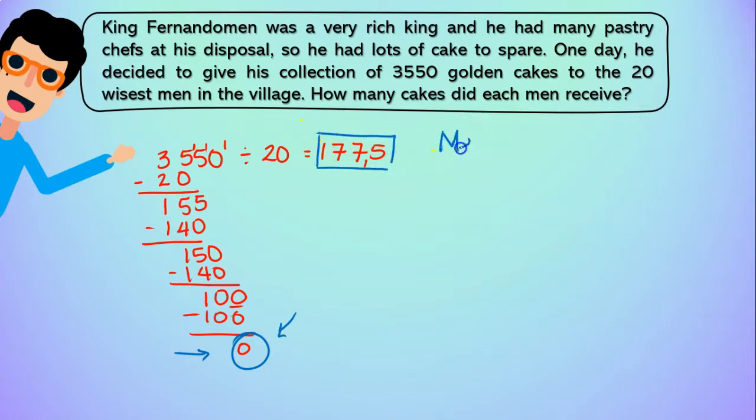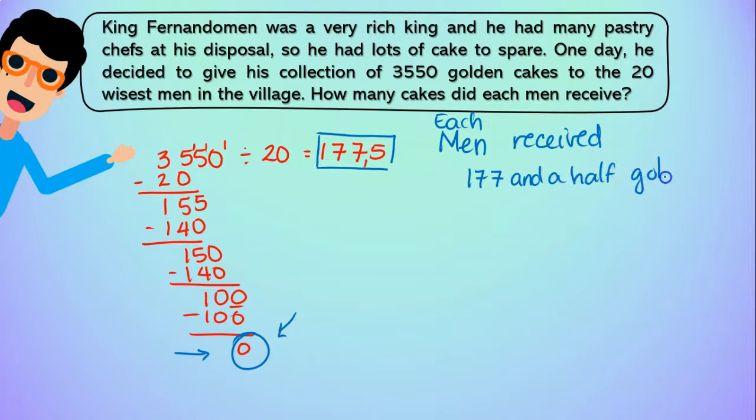Why? Because we know that each man received 177.5 golden cakes. So in this case, guys, because the remainder is 0, this number actually stops.